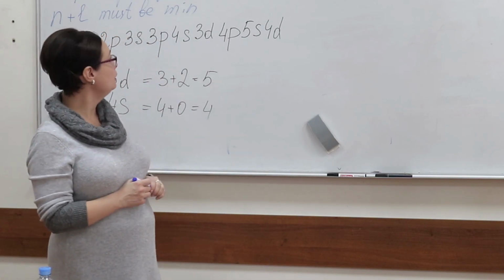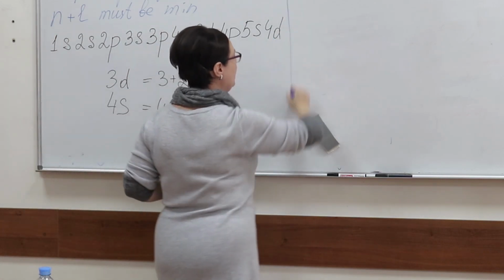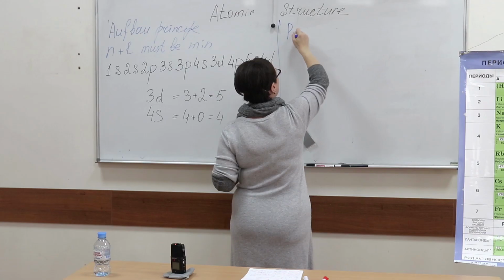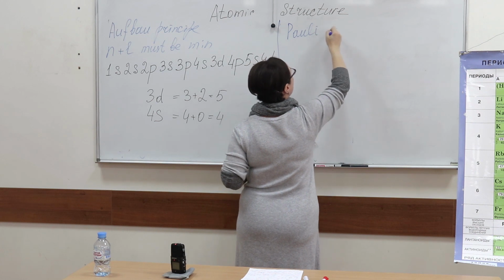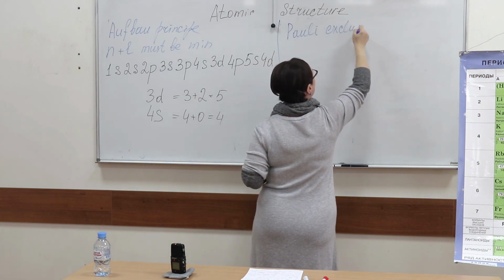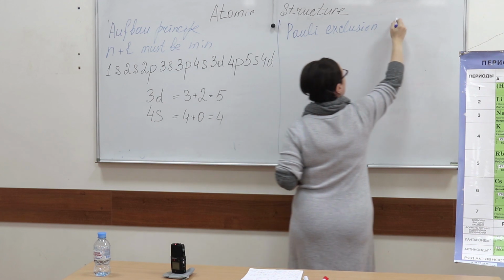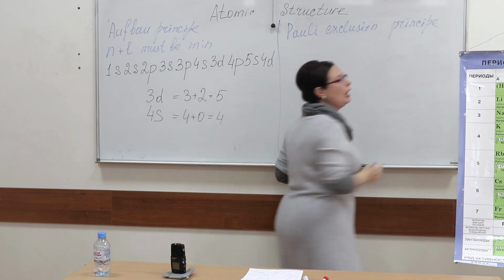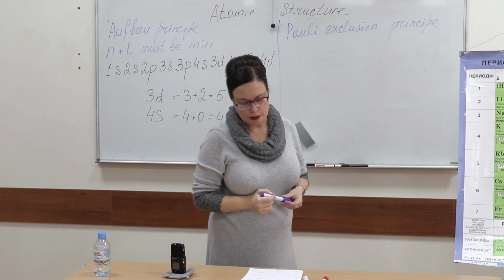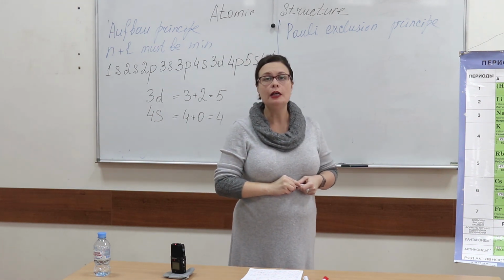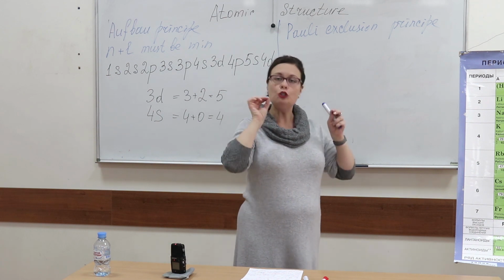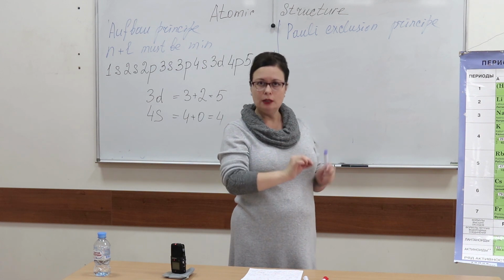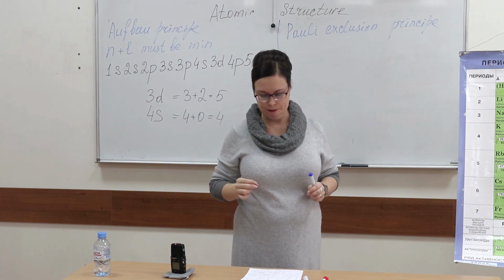The next principle which we'll discuss is the Pauli exclusion principle. According to this principle, at any orbital there can be only 2 electrons, maximum 2 electrons. Maybe 1, maybe 2, but not 3.